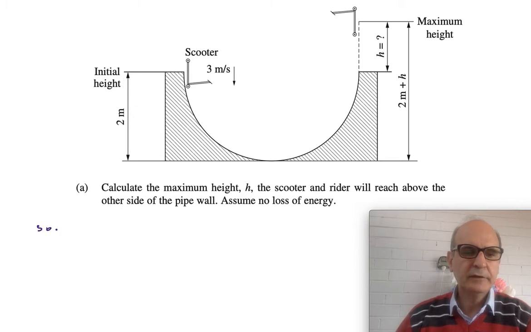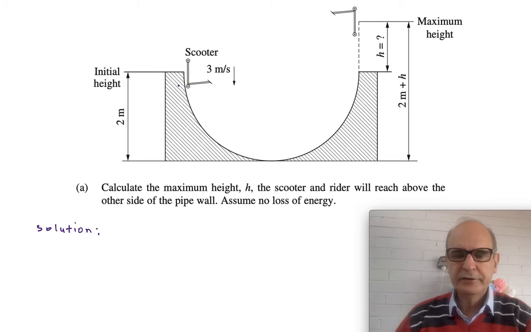What we need to remember is if you have no loss of energy, the sum of mechanical energy stays the same. And mechanical energy is the sum of potential and kinetic energy.